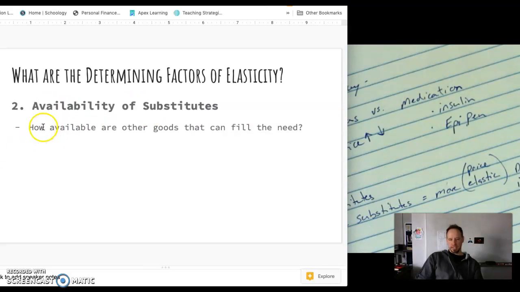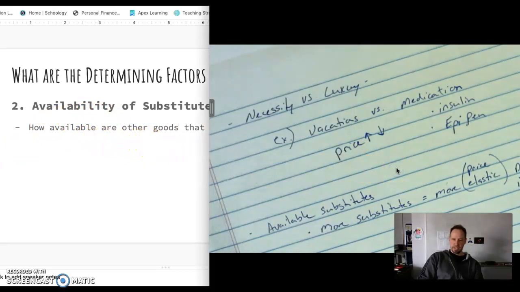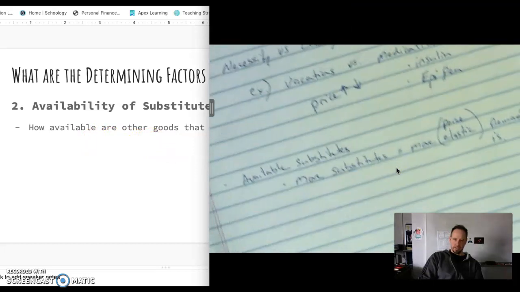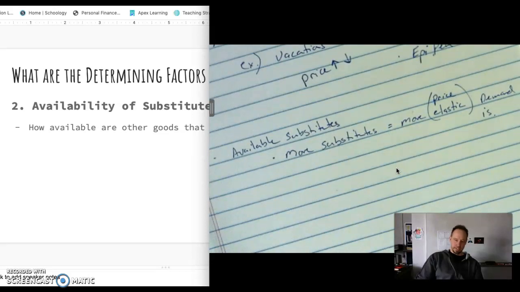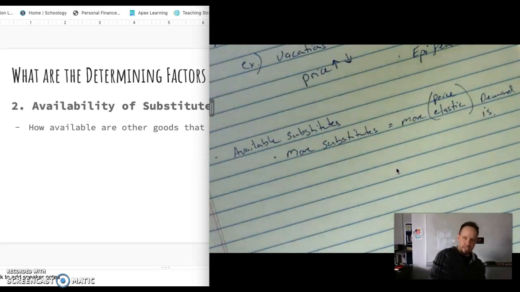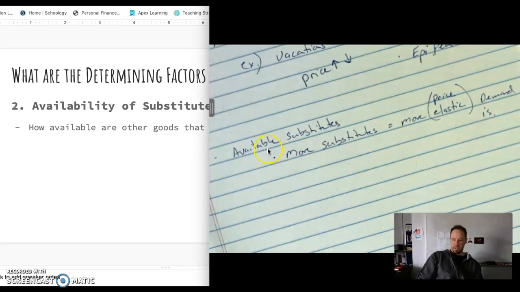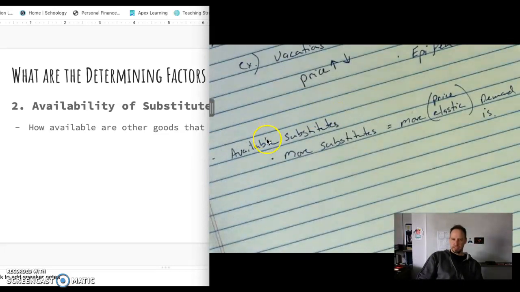The second factor is going to be availability of substitutes. So how many other available options are there that can fill this same need? A good way to think about it is the more substitutes and options consumers have, the more price elastic demand will be.